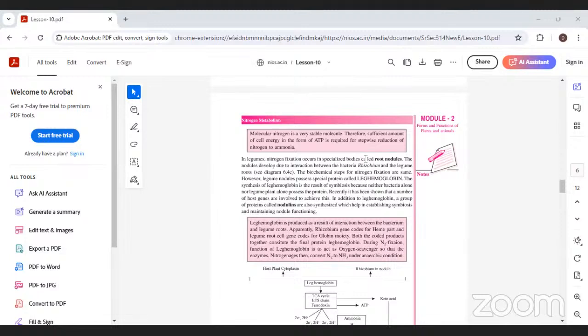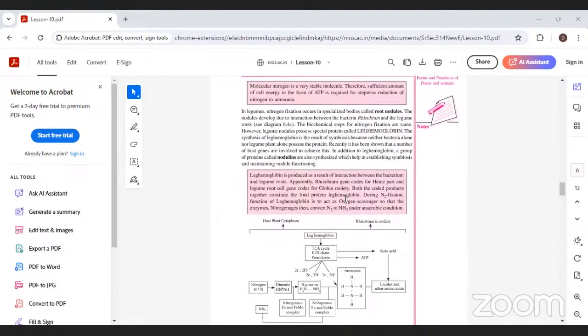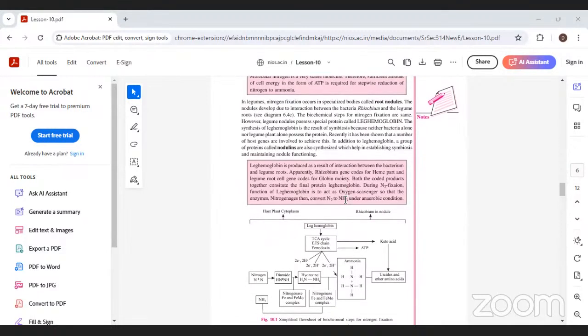What is leghemoglobin? You can observe this. Leghemoglobin is produced as a result of interaction between the bacterium and legume roots. Apparently, the Rhizobium gene codes for the heme part and legume root cell genes code for the globin moiety.